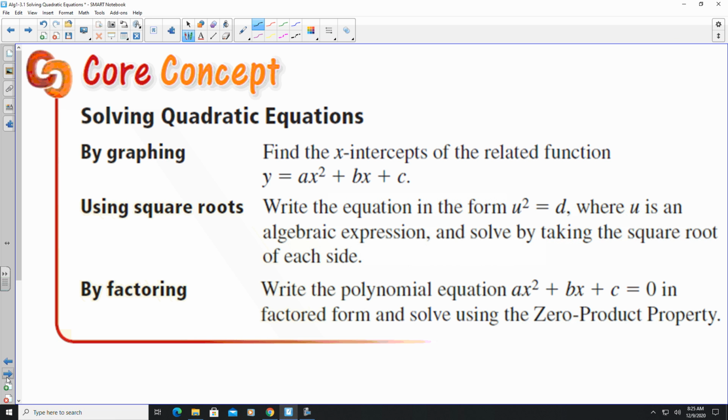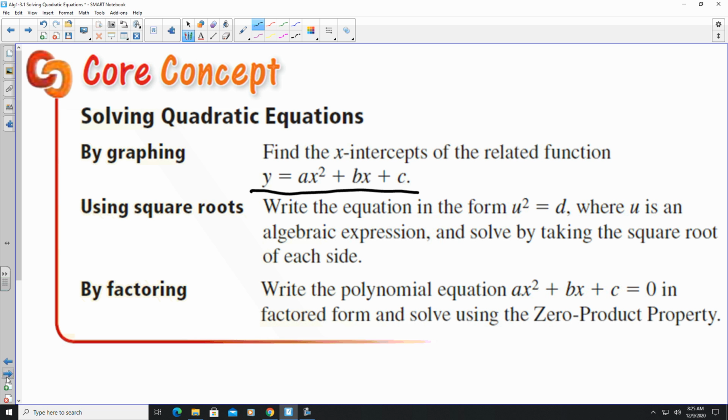So I think I said this in the Algebra 1 textbook. There is essentially three main ways to solve equations using standard form, which is y equals ax squared plus bx plus c.